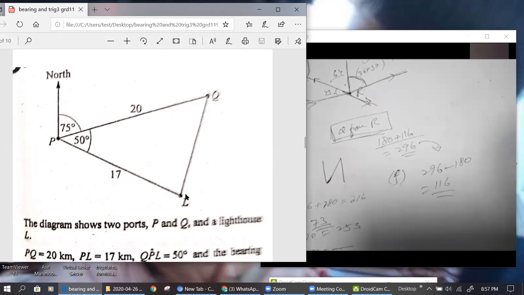Draw the North here and start till here. If I extend this line, I can take help from these two angles, right? So what will be the answer?